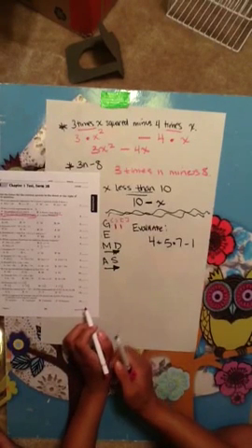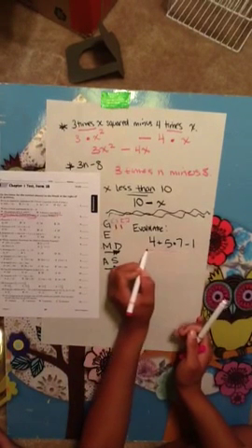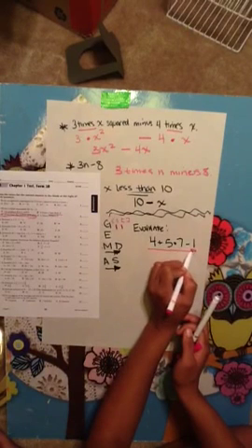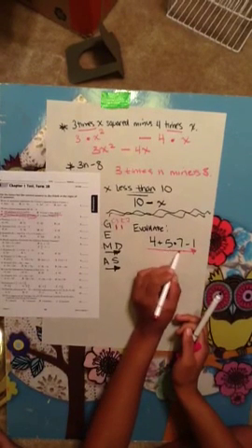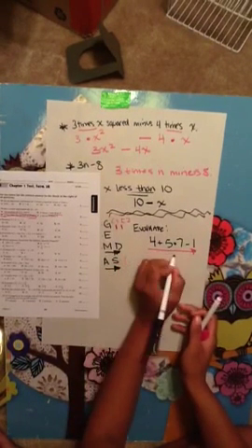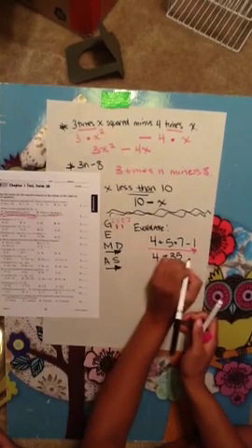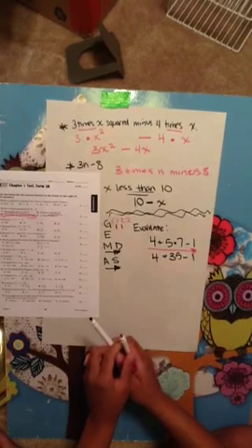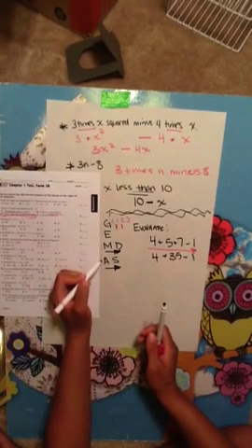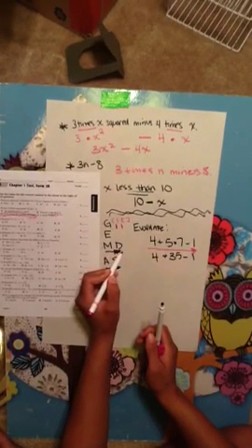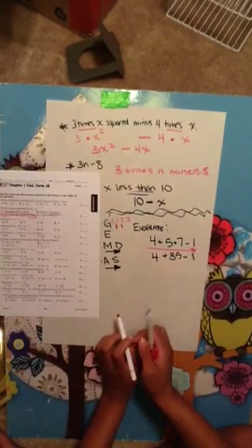Multiplication, division, whichever one comes first as we read left to right, that's the one we want to do first. We have a multiplication, 5 times 7, so that's going to be 35. I'm going to rewrite everything I haven't used. Then we go through our order of operations again. I've done all the multiplication. There is no division, so now we are adding and subtracting.